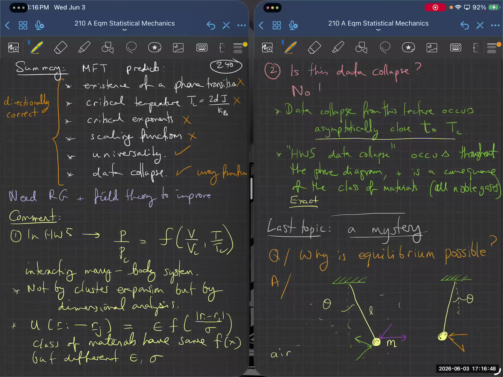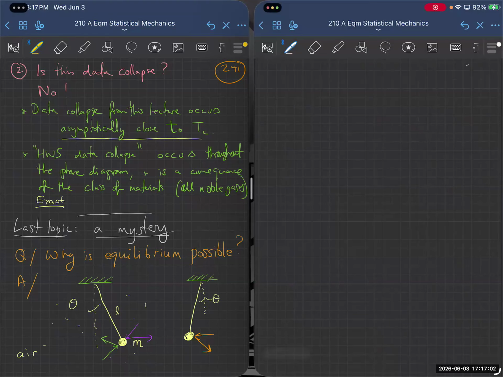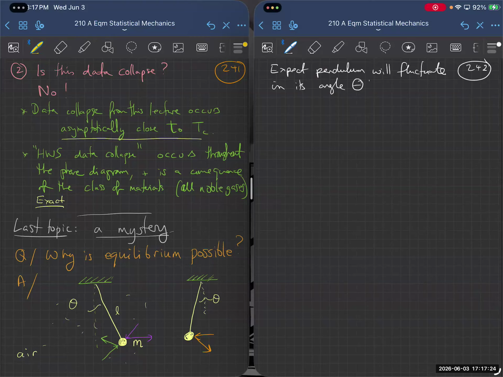And so what we would expect is that the pendulum is going to fluctuate. Right?